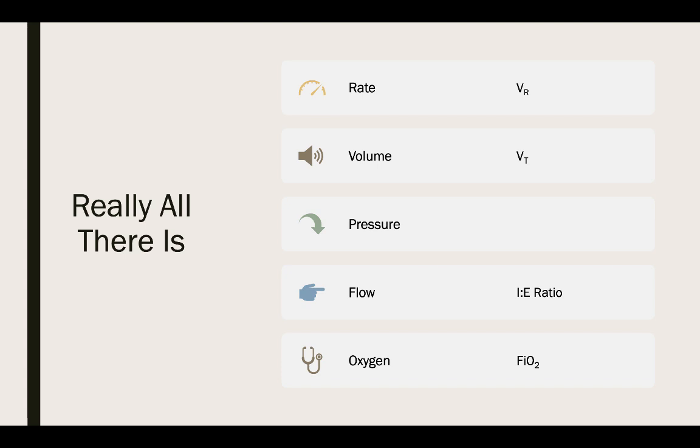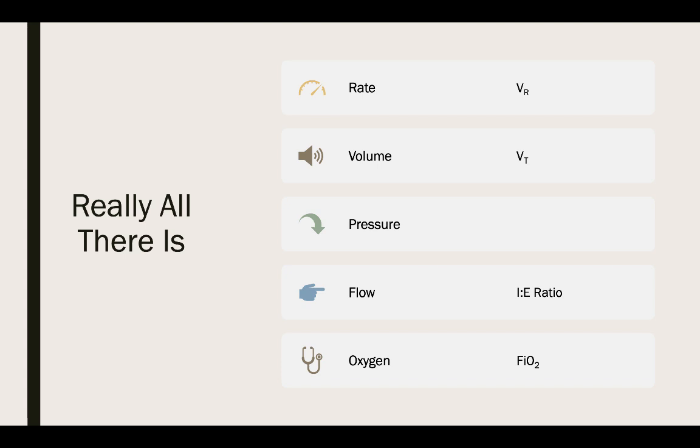So first is rate, or VR is how we're going to denote that. So we've got rate, we've got volume, VT, a tidal volume. So a rate at which we're giving breaths. We've got per breath, how large is that breath in our tidal volume. We'll talk about pressures here in a few minutes. We've got flow, this I to E ratio, this inspiratory-expiratory ratio.